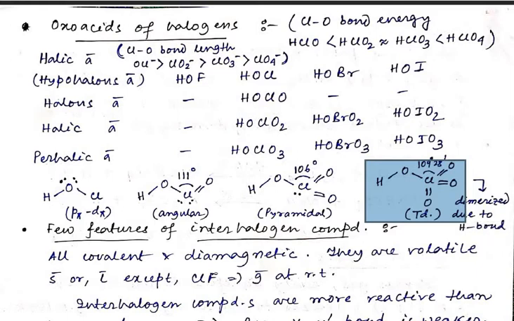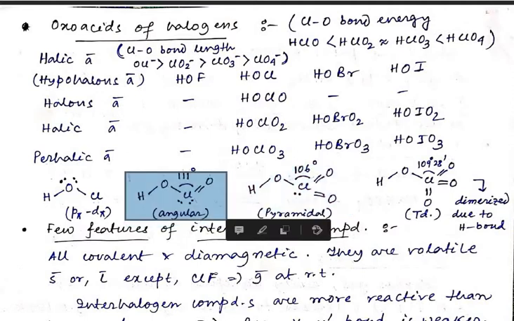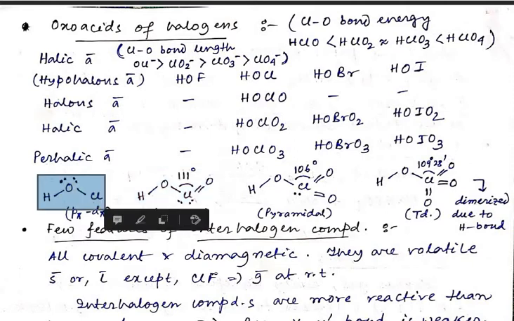If we look at the structures of these oxoacids, we can see that in HClO4 there are 3 double bonds between chlorine and oxygen, and 2 double bonds in HClO3. There is 1 double bond in HClO2, and no double bond in HOCl.